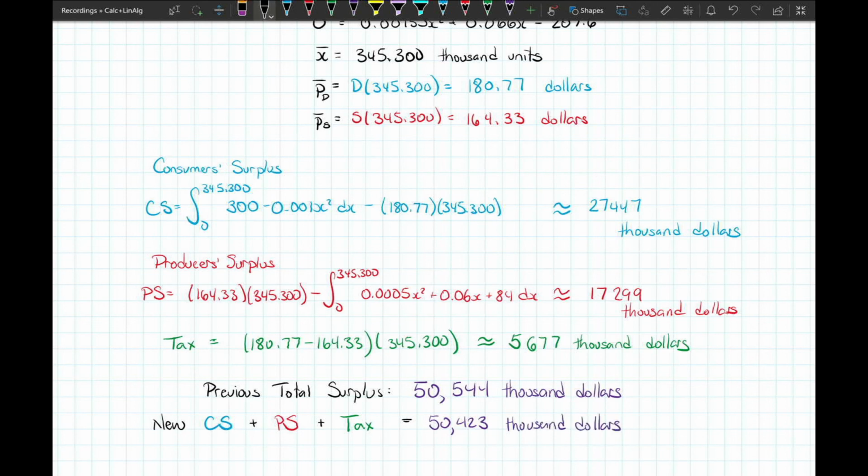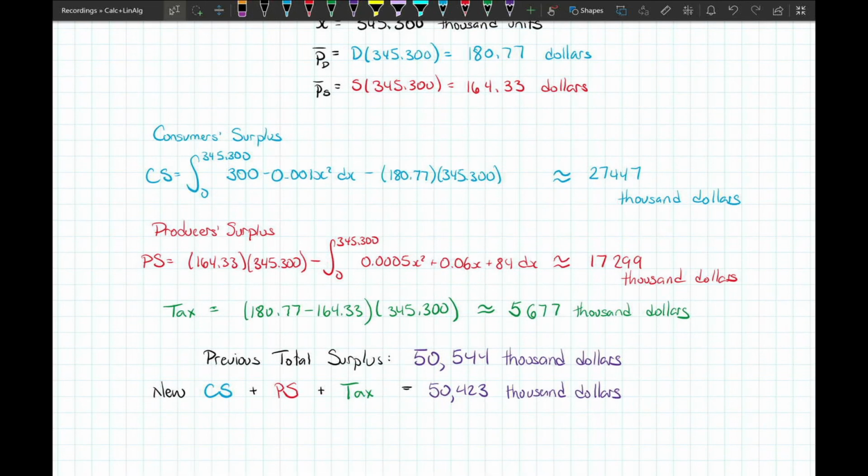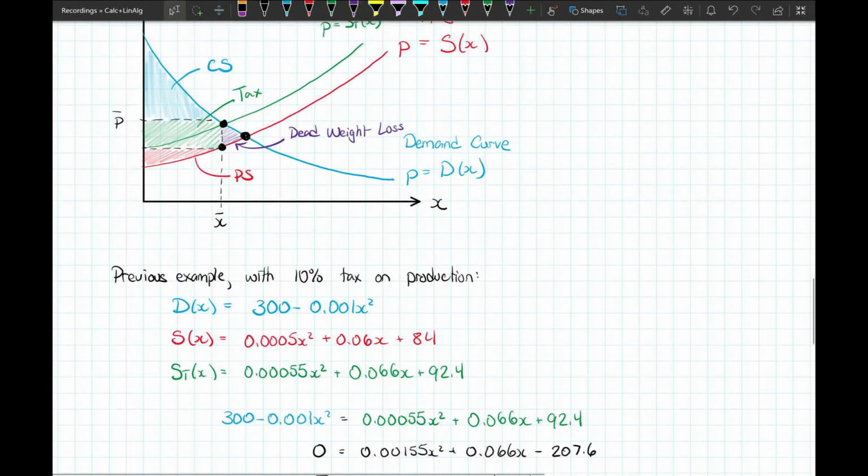If we subtract those two values, we get the deadweight loss. In this case, the deadweight loss is $121,000.